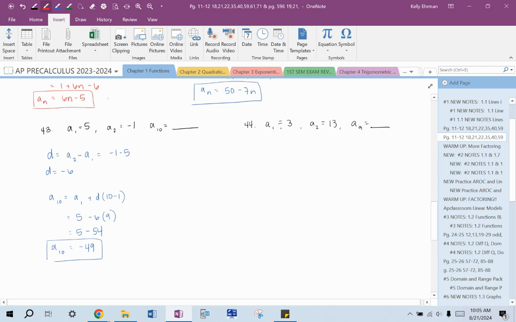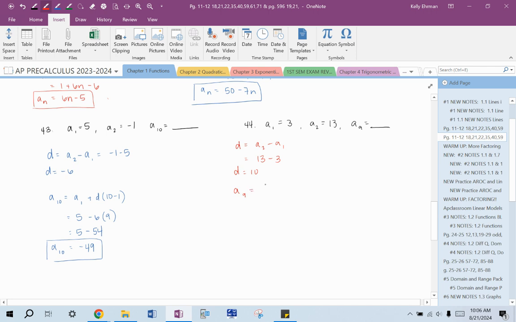Okay, same idea. Given the first and the second terms, find the 9th term. So start with the common difference. It's the second term minus the first term, which is 13 minus 3. So the common difference is 10. And then we want the 9th term this time.